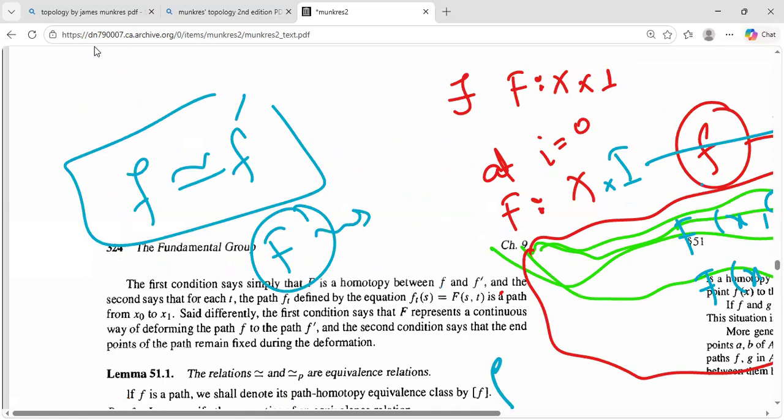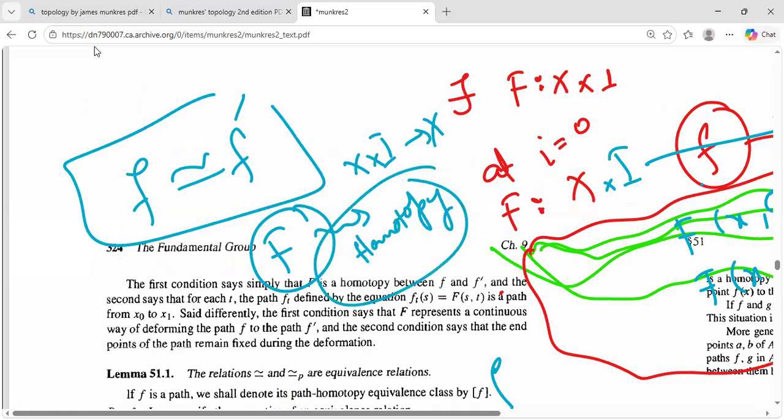The continuous map from X Cartesian product I to Y is a homotopy. This is the homotopy map.